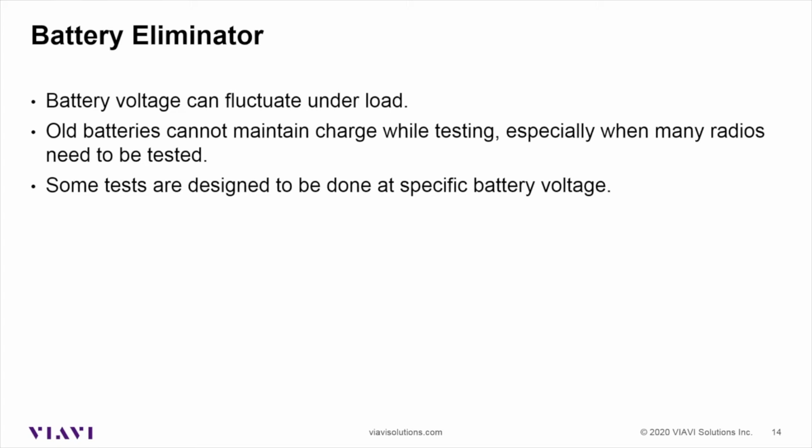Of course, DMR is a 2-slot TDMA signal, and so when that transmit burst came up, it would cause a little glitch on the rising edge and would cause it to fail magnitude error. So even brand new batteries cannot be relied on to provide the correct voltage and constant voltage that we need for these alignments. Now, I understand not every radio has a battery eliminator available.